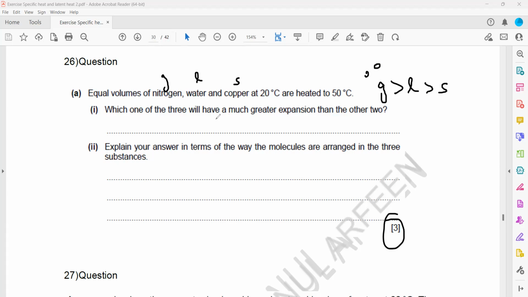One mark is for mentioning nitrogen. For the remaining 2 marks you compare the forces of attraction. In nitrogen, the gas has weak force of attraction and the particles are moving at high speed, whereas in liquid the particles are closer to each other, moving around each other, and in solid they're tightly packed. So that's 2 marks for explaining each of them.